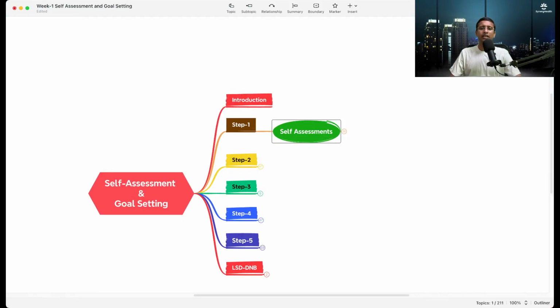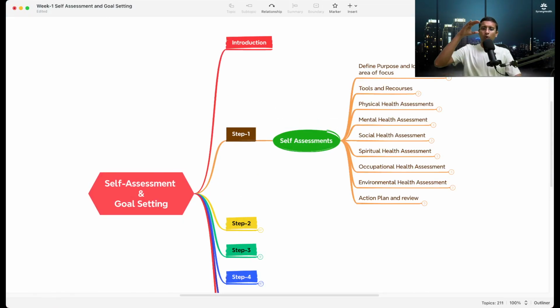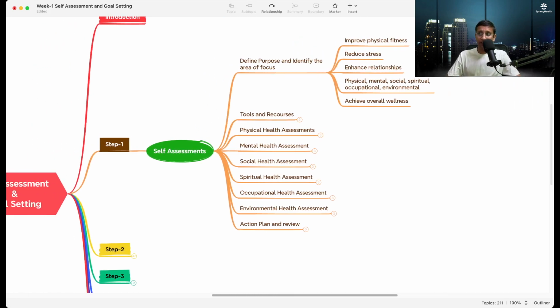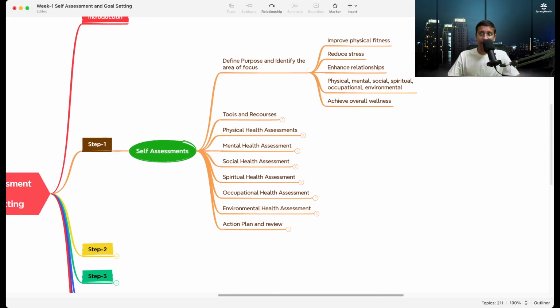When we talk about the self-assessment, we are going to discuss it in various stages. First is to define your purpose and identify the areas of focus. What are the areas you are going to focus on? We are going to go a little faster, so please pay attention and absorb, so that you grasp it quickly.